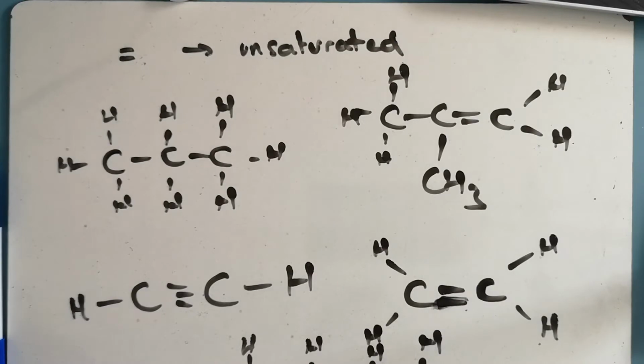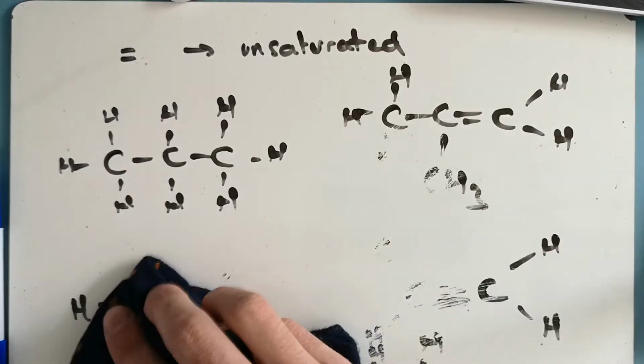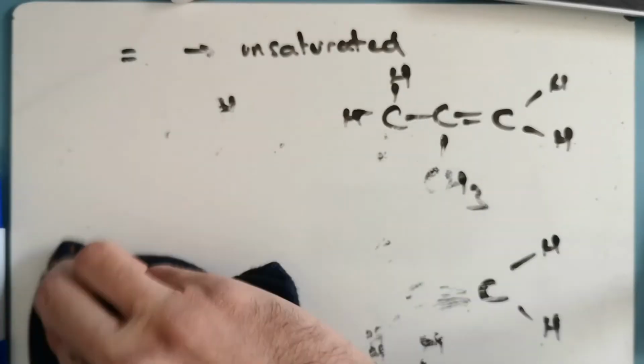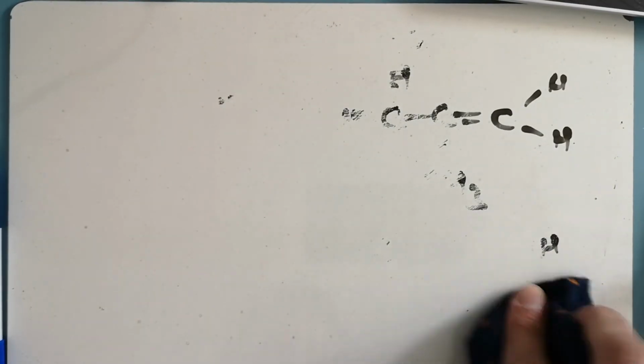And then finally, we're going to look at what shape compounds have. So if we start with ammonia, NH3.